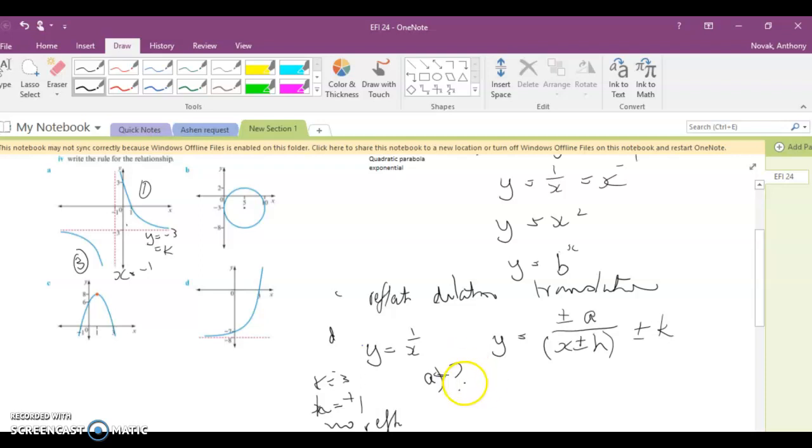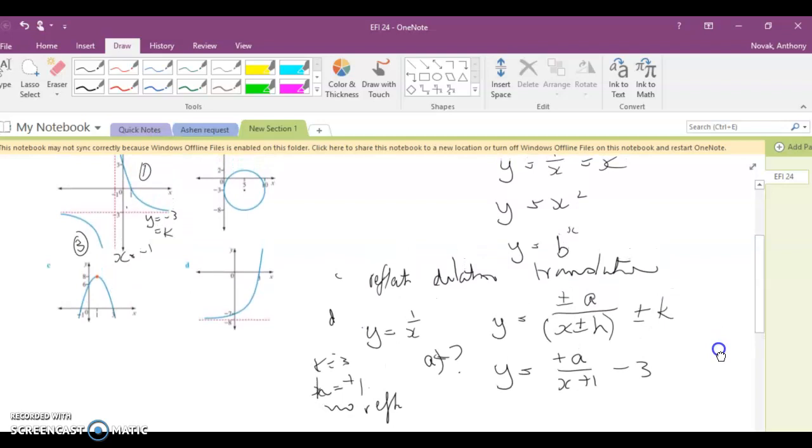So remember, normally when a is equal to 1, we have, I don't know what happens. Let's find out. So let's substitute what we do know. So we know y equals positive a over x plus 1 minus 3. And all we need to now do is consider one point. So for instance, we have a point there which has the coordinates when x equals 1, y equals 0.